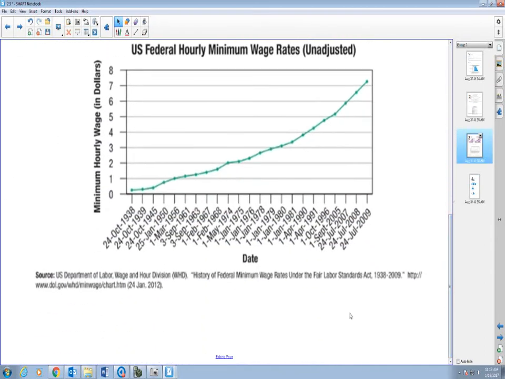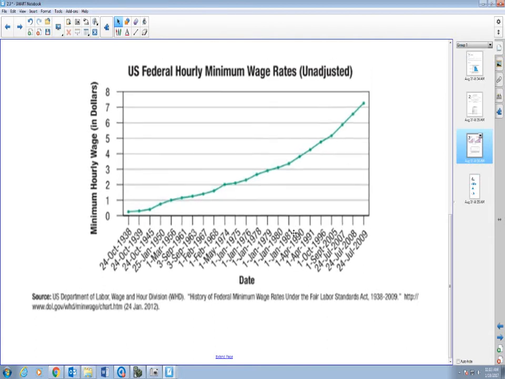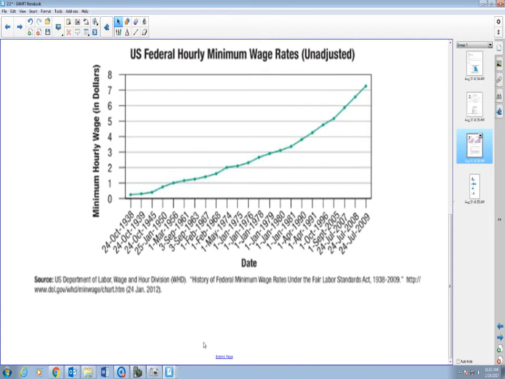All right, this is a line graph. Everything's labeled, looking good. Now there's a little bit of a problem with this one. Notice that the dates on the x-axis are very inconsistent. October, 38, 39, then the next one is 45. We're jumping years here, and then this is 5 more years later, 5 more years later, 5 more, then 2 years later.